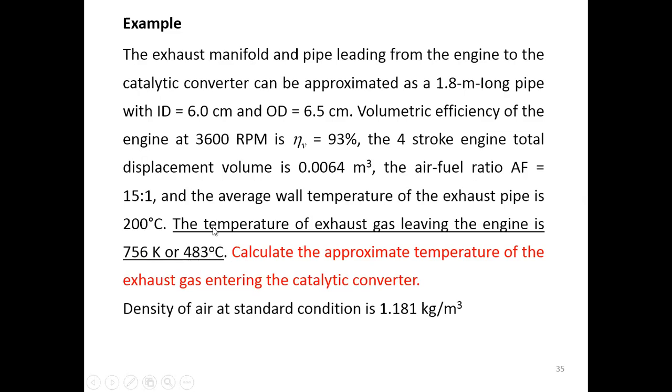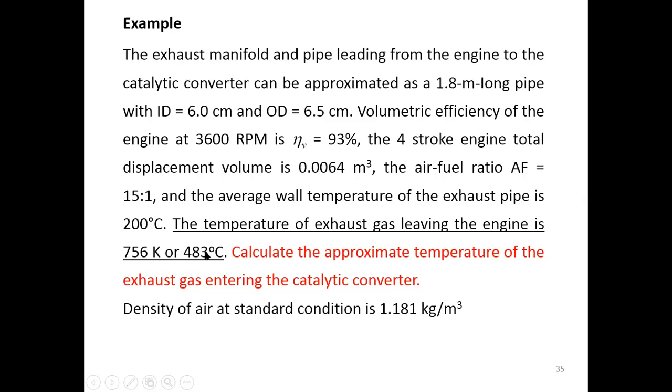So this is the temperature of the exhaust gas that leaves the engine, not leaving the exhaust manifold and pipe. It's about 400 something. The average wall temperature of the exhaust pipe is 200.